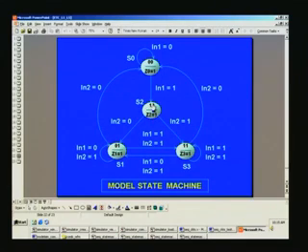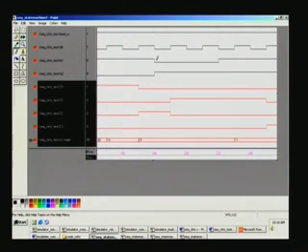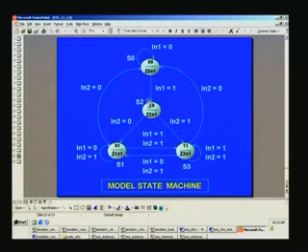Z2 is 1 here, and in1 is 1 here, and at this point of time it is 1 and 0. So let us find out what it is. In2 is 1, in1 is 0.